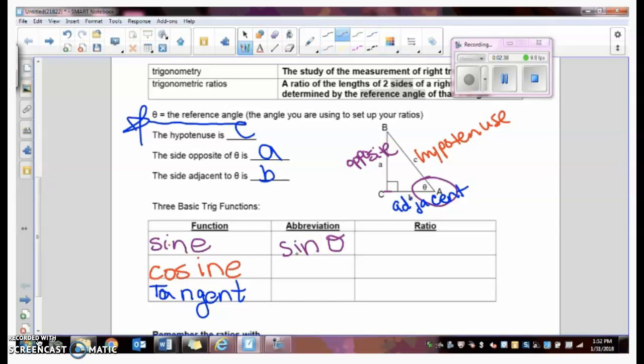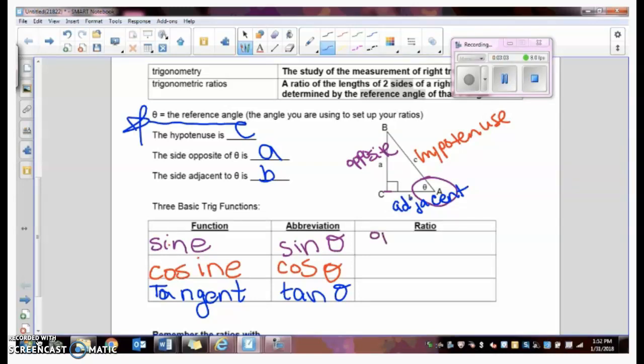Let's write our abbreviations first so you know what they look like: sine, cosine, and tangent. We say it as sine of theta, cosine of theta, tangent of theta.